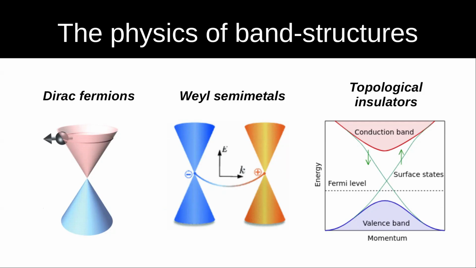We can also use band structure theory to understand different types of topological matter, including Weyl semimetals, which are generalizations of Dirac fermions to higher dimensions, and of course to understand topological insulators, in particular quantum spin Hall insulators, Chern insulators, crystalline topological phases, topological superconductors, and so forth. And this is something that we will use many, many times in the next few sessions. So all the mathematical tricks that we will develop for electrons can be systematically used for many other quasi-particles.